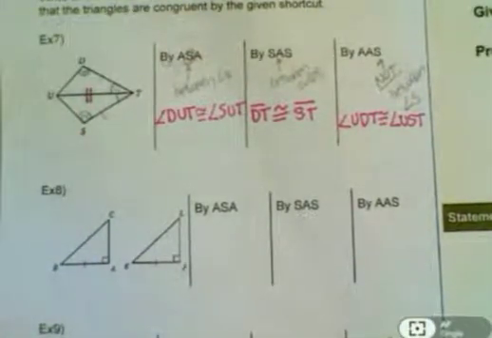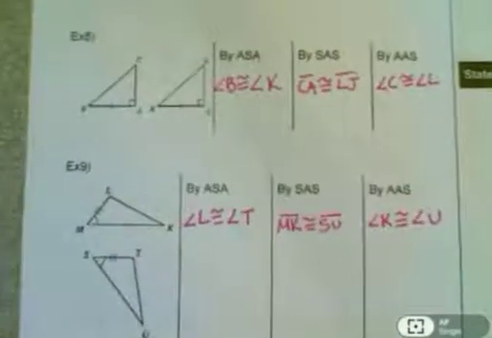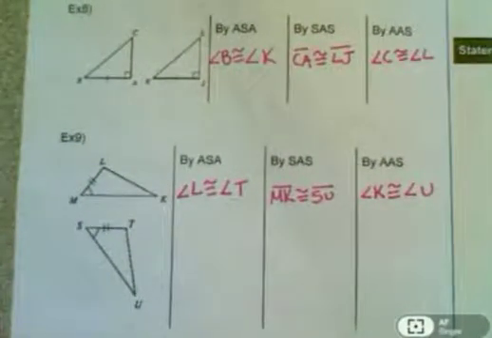I'd like you again to pause the video, complete examples 8 and 9, and then check back in to see if you got them right. Okay guys, we're back, and I'd like you to just check your answers here, and if you got something that I didn't get, or if what I have doesn't make sense, go back and look at it and see if you can figure it out.